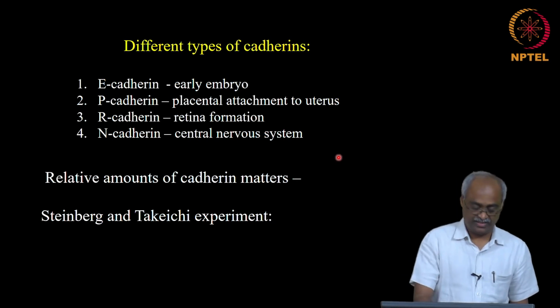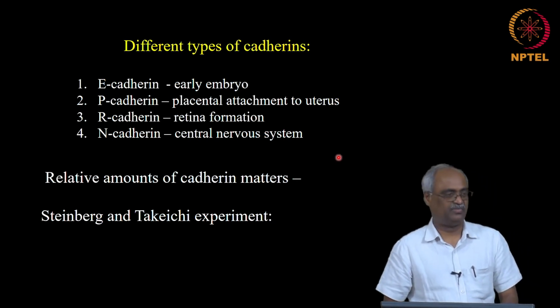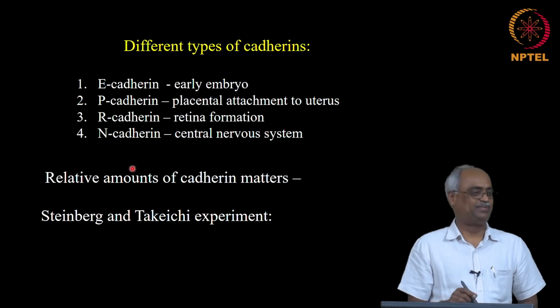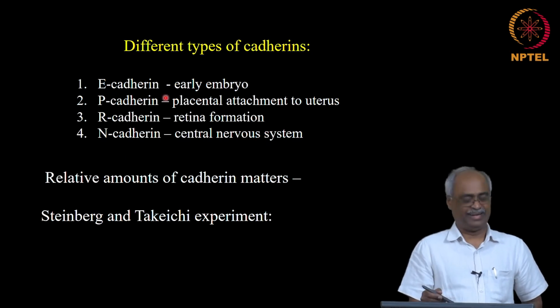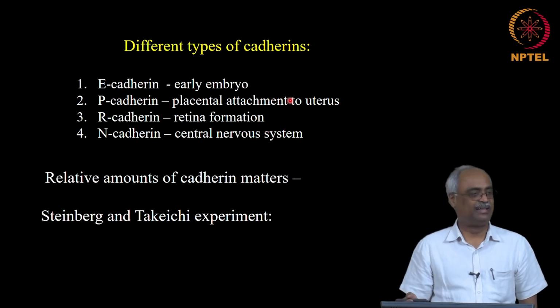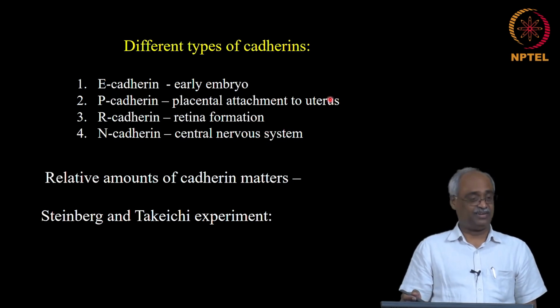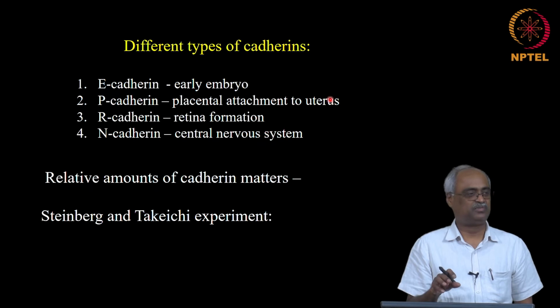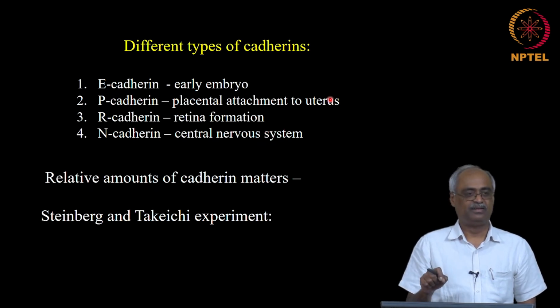and if they are so important, then we are going to have variations in that theme. We have multiple types of cadherins, like embryonic cadherin, which is slightly different from the placental cadherin, which is important for attachment to the uterus. Dynamic changes in cadherin production are very important when the fertilized oocyte comes to the uterine walls.